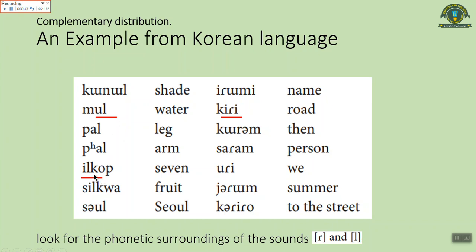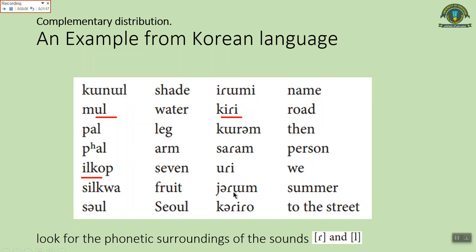Or in some examples, like in these two words, it is occurring before a consonant. And then this sound, which is said to be similar to this sound, is occurring in a different environment. It is occurring between the vowel sounds. See here, it's occurring between the vowel sounds.